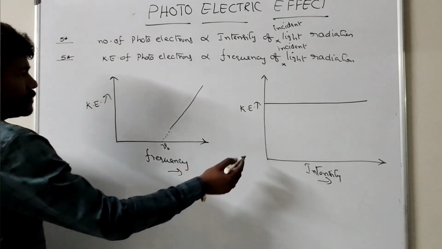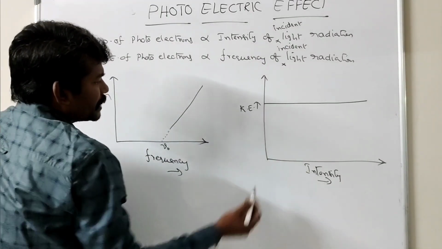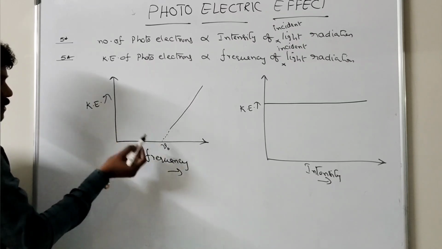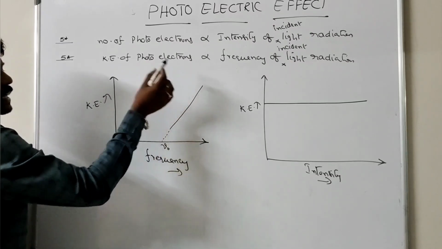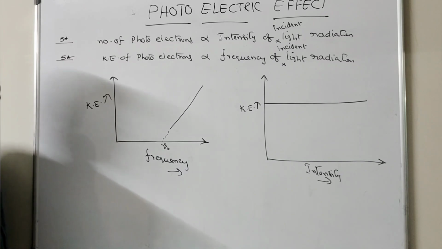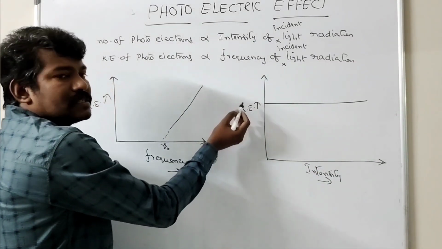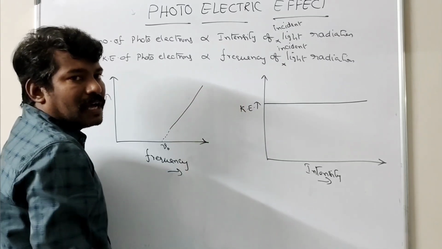So, from this graph also, the kinetic energy is independent of intensity. The kinetic energy depends on frequency. If the frequency of light radiation increases, the kinetic energy of the ejected electron also increases. If the intensity increases, there is no change in the kinetic energy of the electron.